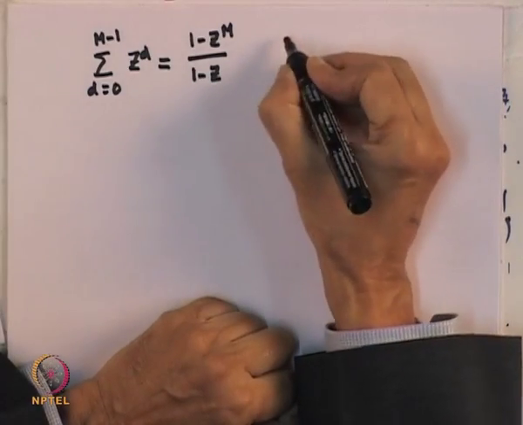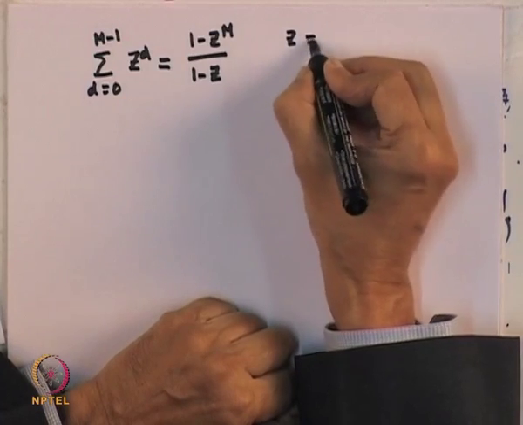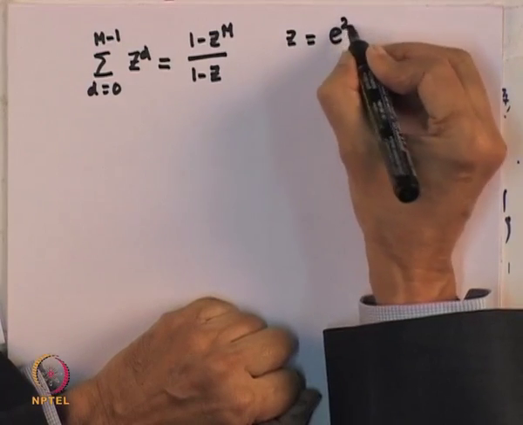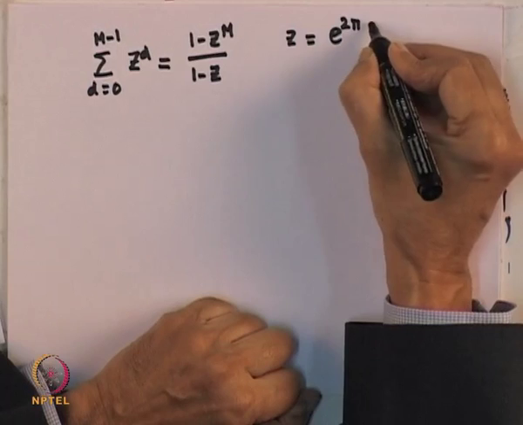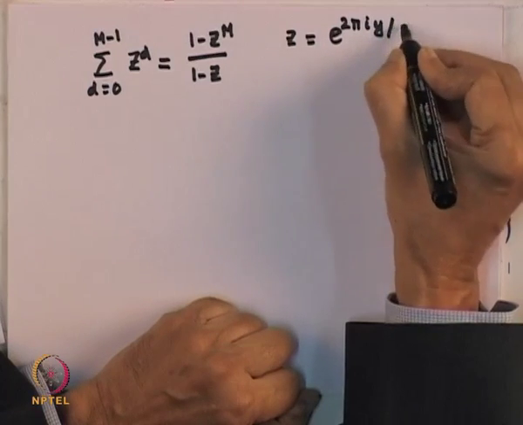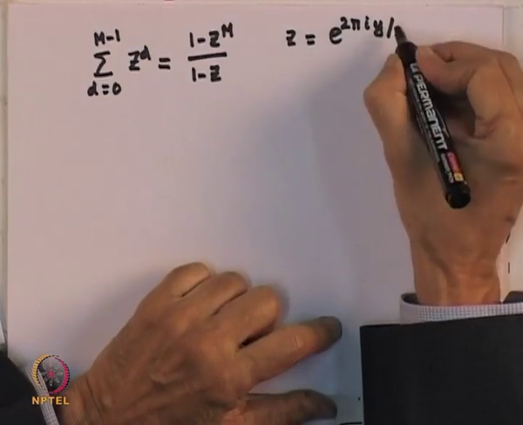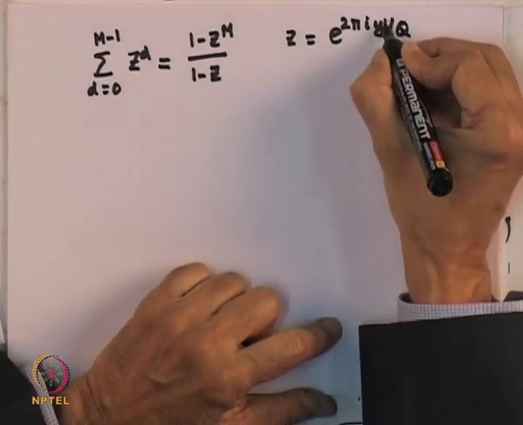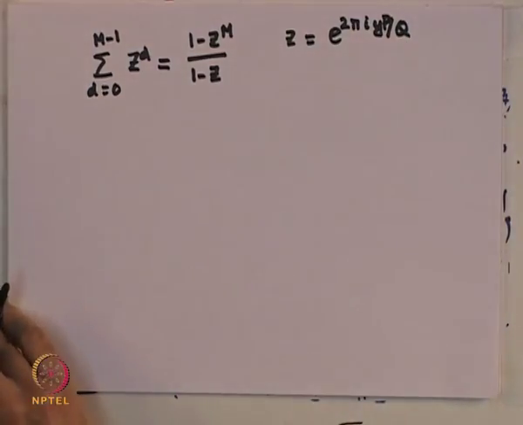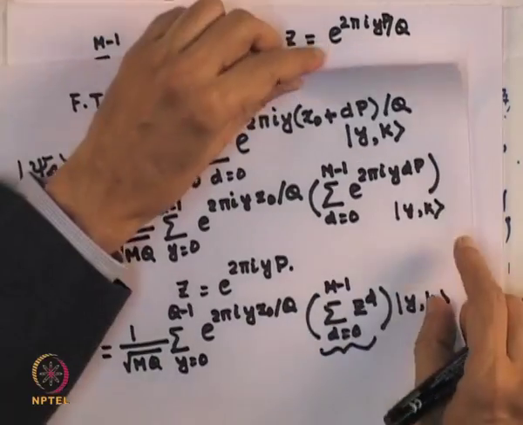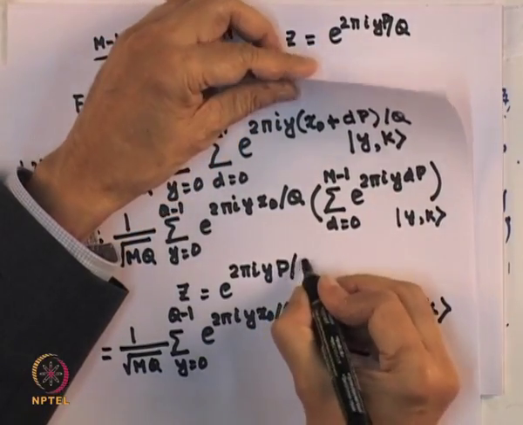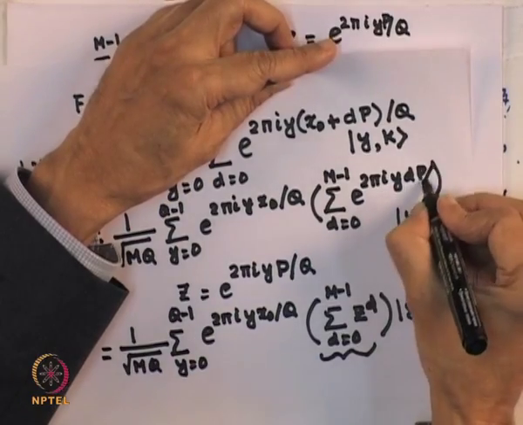And in this case my z was just now defined to be equal to e to the power 2 pi i y p by q. So let me correct this here. There should have been a divide by q there, which I had forgotten.